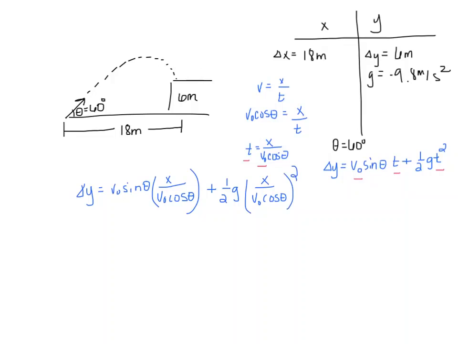Now we've gotten rid of time as our unknown variable, and now we just need to clean this up and solve for v naught. So v naughts actually cancel over here, and we know from pre-cal or calculus that sine theta divided by cosine of theta gives me tangent theta.